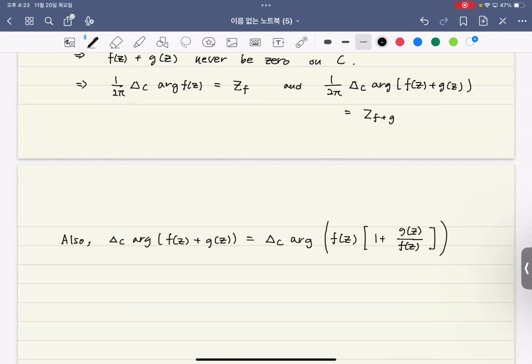Therefore, this is the winding number of the first one, and this is the winding number of the second function, g. So the winding number of f times g must be the same as the winding number of f plus the winding number of this function.